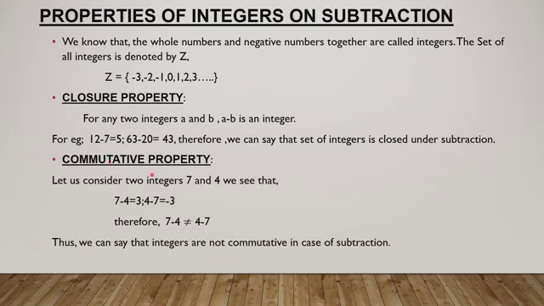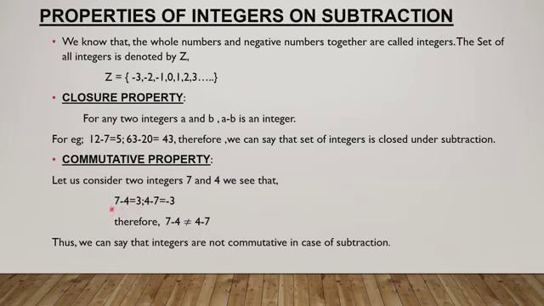Next we have the commutative property. In case of addition, we had seen that if we rearrange the numbers in any order, our answer remains the same. For example, 7 plus 4 or 4 plus 7, your answer remains 11. But in case of subtraction, when I subtract 4 from 7, my answer is 3.